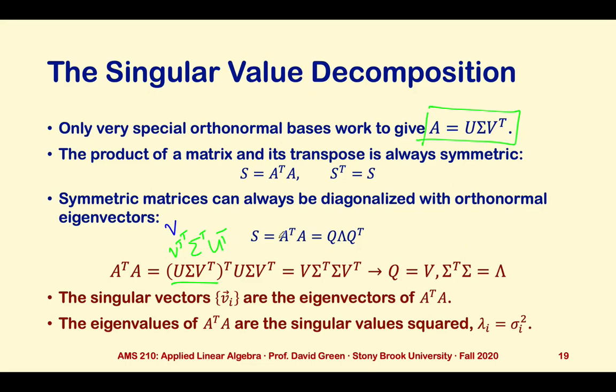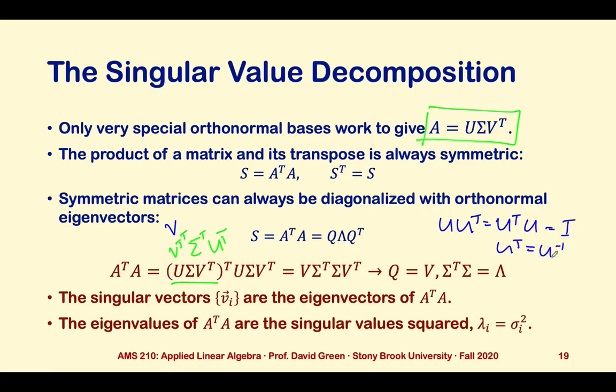And since we have decided we want U and V to be orthogonal matrices, that is, they have orthonormal columns, this requires that U transpose U equals the identity matrix.